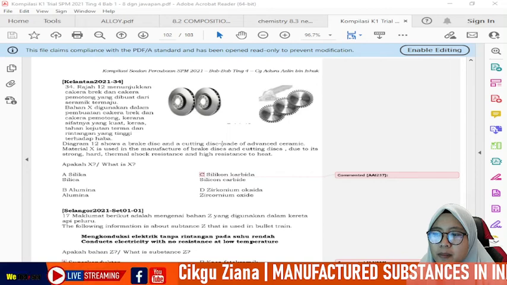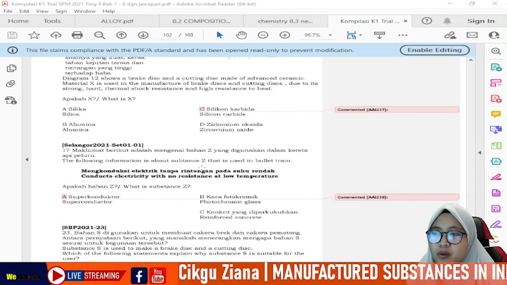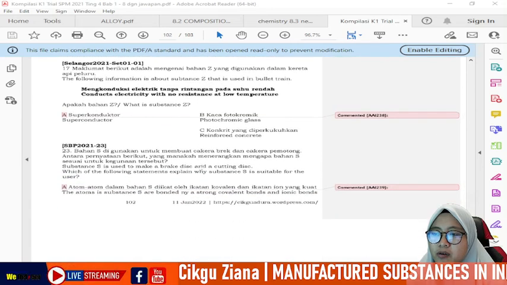Silicon carbide. Thank you, Pang. Okay, Selangor. The following information is about substance Z that is used in bullet trains. That is... Farid. A. Superconductor. Thank you, Farid.